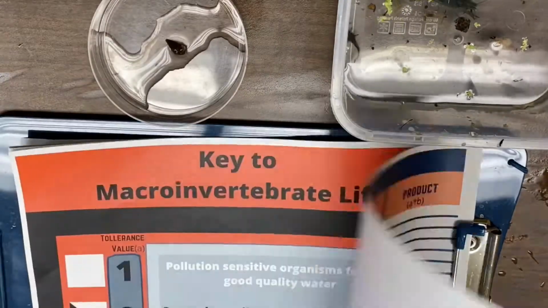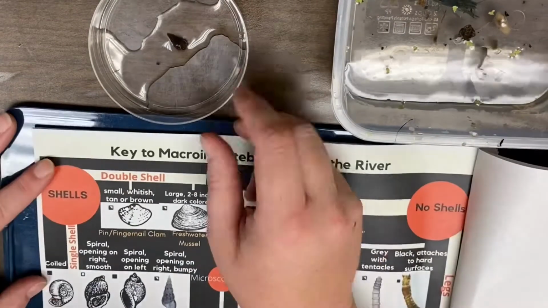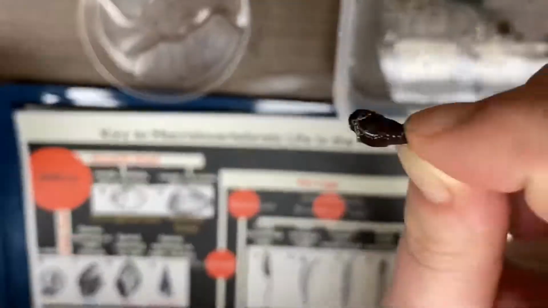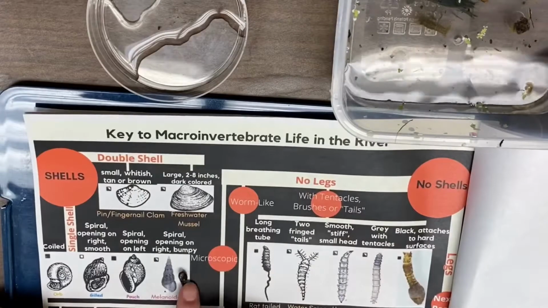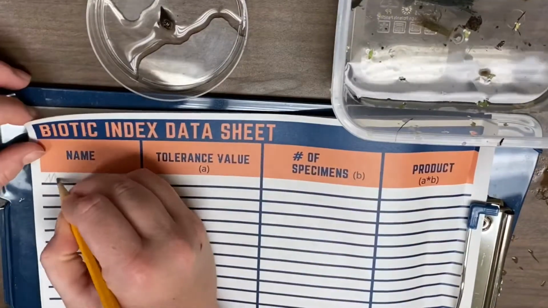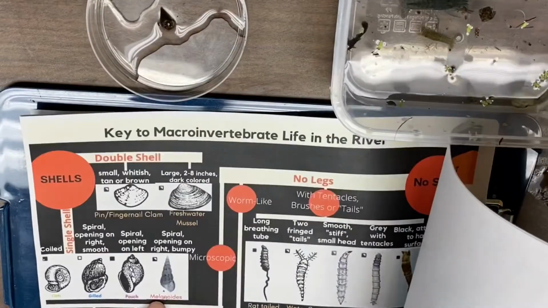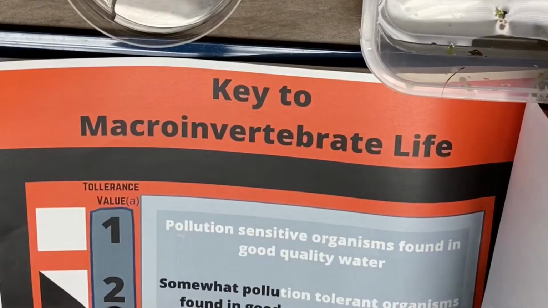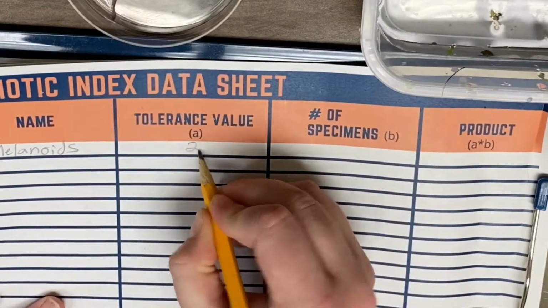When you identify a critter, use the Biotic Index datasheet provided to annotate your findings. The first column on your datasheet is the name of the species you have determined after using the key. The second column is the tolerance level of that particular species, which can also be determined using the key provided.